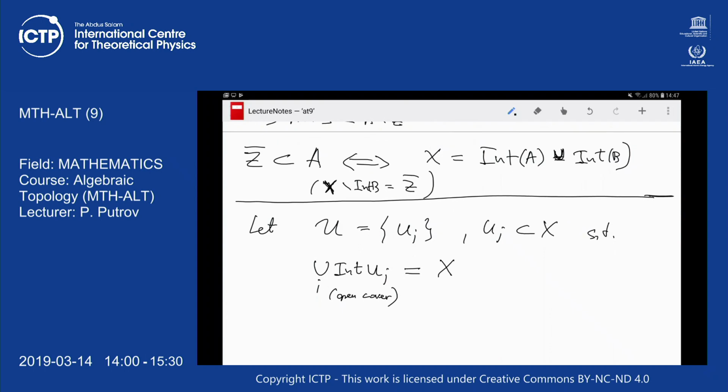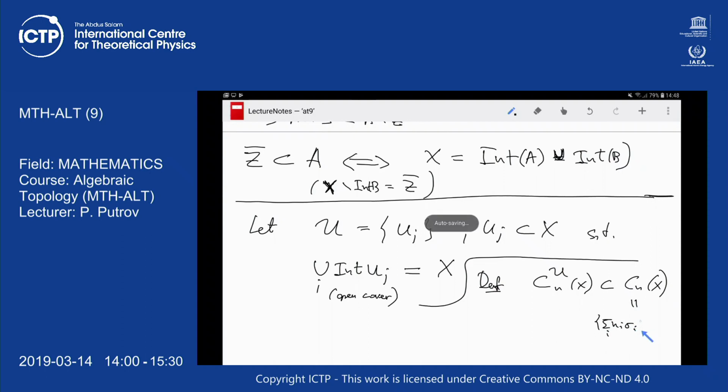And then, using this collection of subspaces, we can define a certain subgroup which we will denote C_n^U of X, a subgroup of our usual C_n of X. So by definition, which you already know well, C_n of X is the abelian group containing all linear combinations with integer coefficients of singular simplexes sigma_i.